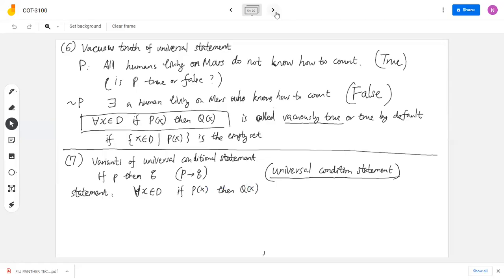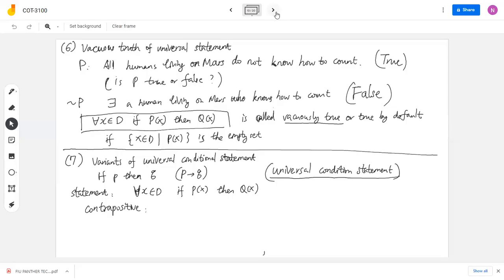And what is the contrapositive? Remember this is a universally quantified statement saying that P implies Q holds for every x.